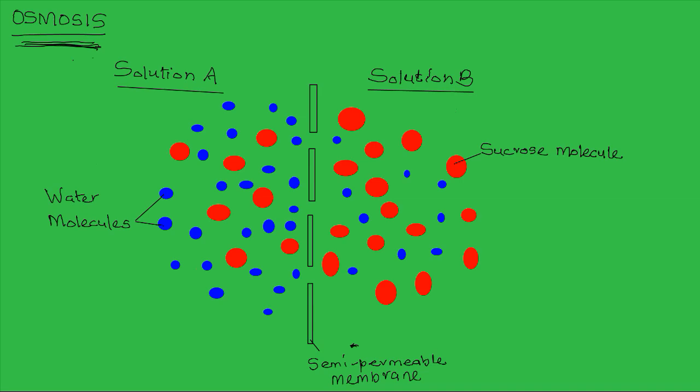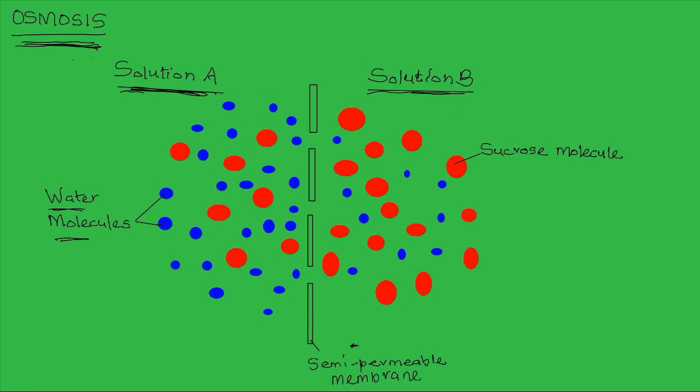Like in this example, solution A has a higher concentration of water molecules compared to solution B. In this case, therefore, water molecules will move from solution A, where they are highly concentrated, across to solution B, where they have a lower concentration, across this semi-permeable membrane.